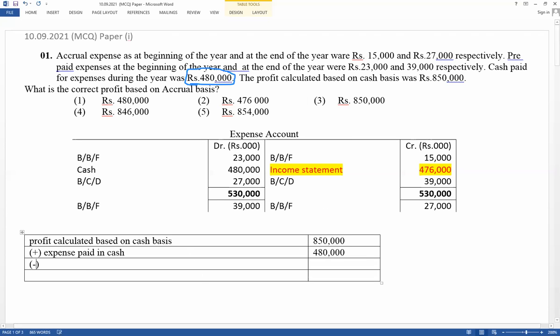Therefore deduct expenses based on the accrual basis. Expenses we have to consider under the accrual basis are 476,000.